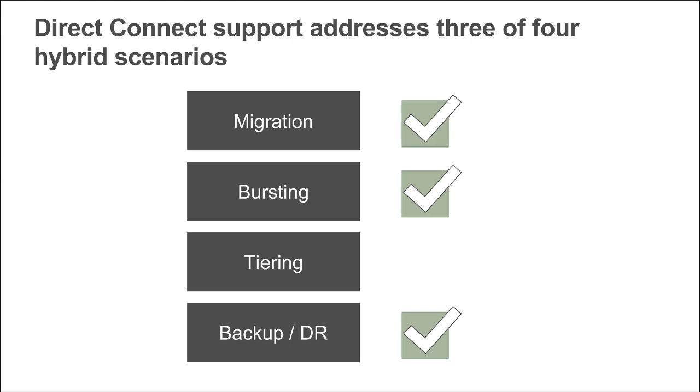Let me define what I mean by tiering. Tiering is when your application is running on-prem and your data is in the cloud. The latencies over Direct Connect are variable, and it depends on your Direct Connect connection. But in many cases, those latencies are high enough that you wouldn't really want to run a workload where your compute is on-prem and your data is in the cloud.